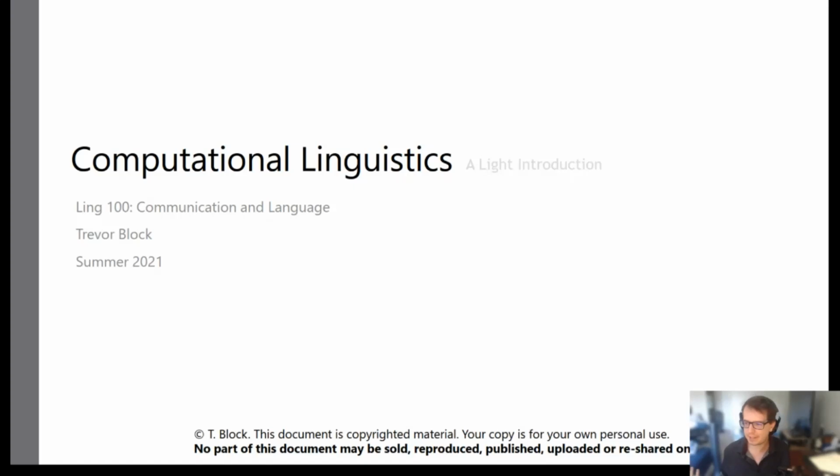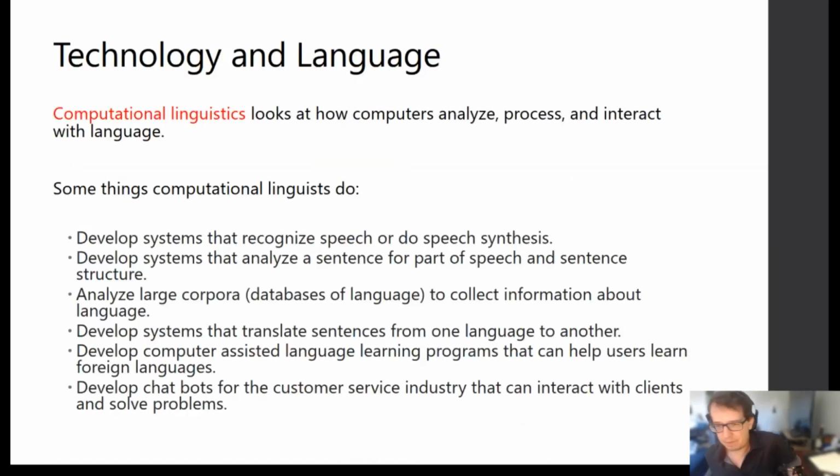But you still have to learn a little bit, but you don't have to use it as much as computing scientists use it. So computational linguistics is very general. It's just about how computers analyze, process, and interact with language, but it's also about how humans interact with technology that use language. So there are many different domains.